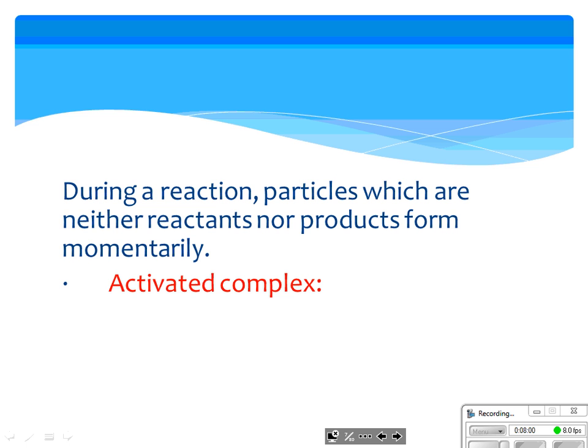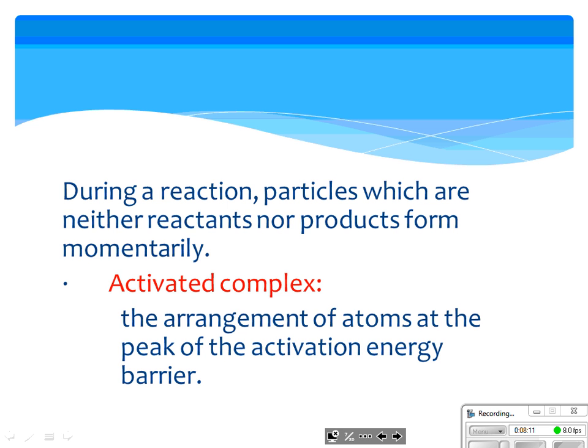But the activated complex is what we call this momentary formation of neither reactants nor products. It is the arrangement of atoms at the peak of the activation energy barrier, where we have neither reactants nor products.